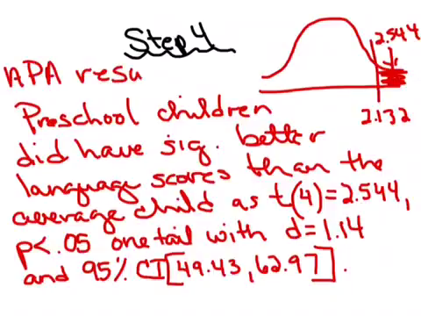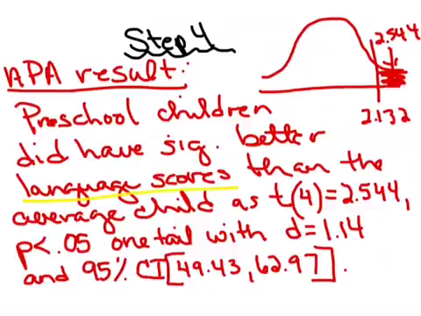So there is the APA result. It has to be in that format exactly. If you'll notice, some key factors are very important. We have our dependent variable, which is language scores, and we have our independent variable. We're looking at the difference between preschool children and average children.